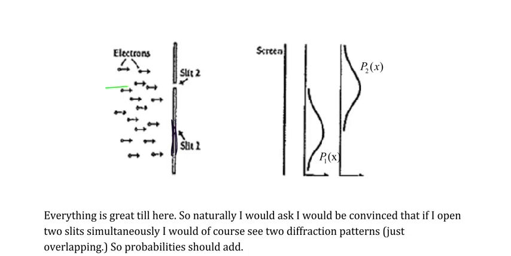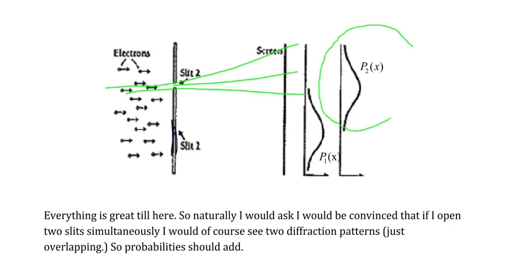The electrons go to the screen like this, and they form a diffraction pattern here, and the detector says that hey look, I can give you a probability distribution. Here the center is more, and if you go up and down, it goes on decreasing. So P2(x) is the probability distribution of electrons coming out from slit 2.